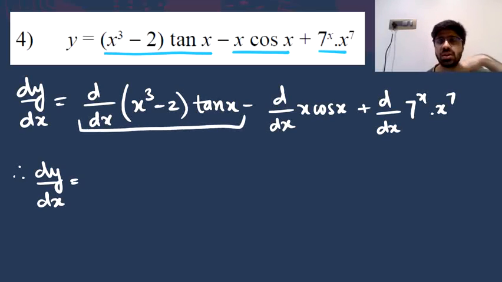let's differentiate this term first. So the derivative would be u, I mean this is u and this is v.